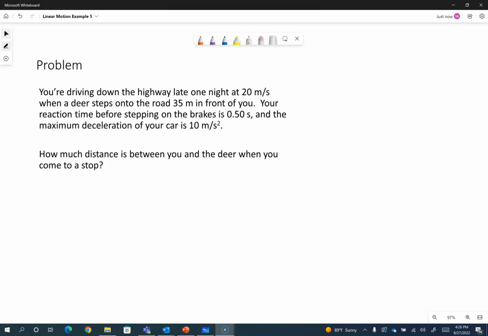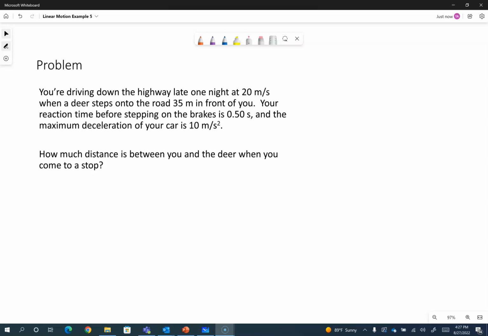There's a deer in front of us. We have our reaction time before stepping on the brakes, and then when we step on the brakes, we slow down to stop. So ultimately, we want to find out how much distance is between you and the deer when we finally come to a stop.